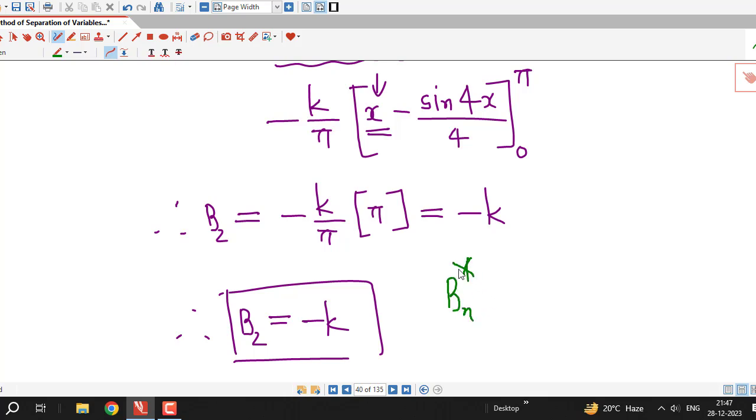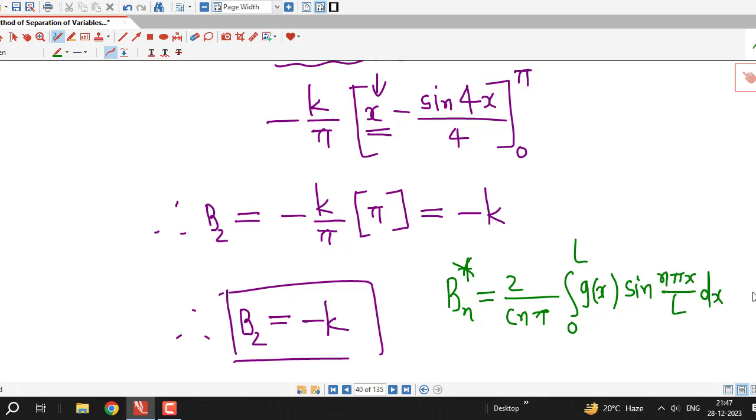We have not written for bn star. This is for bn. bn star is 2 divided by c n pi integral from 0 to L g(x) sin n pi x by L integral with respect to x.